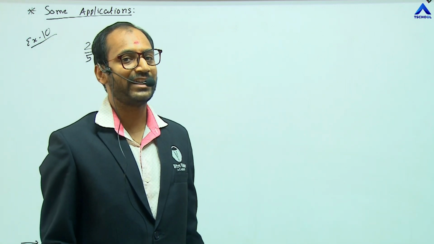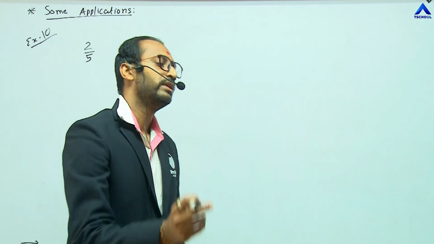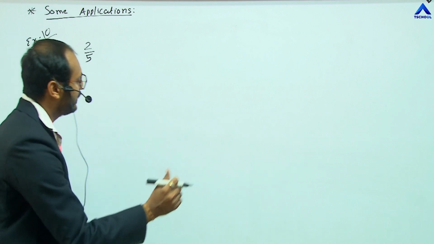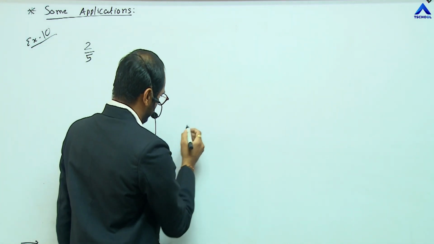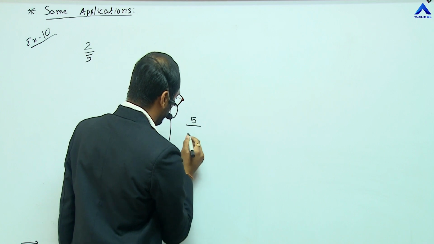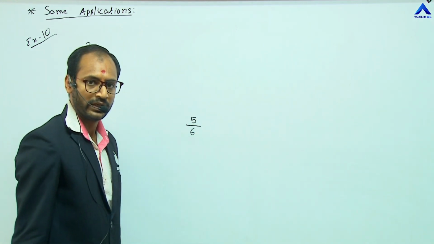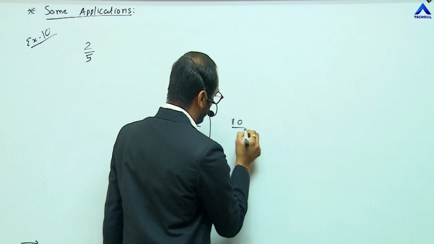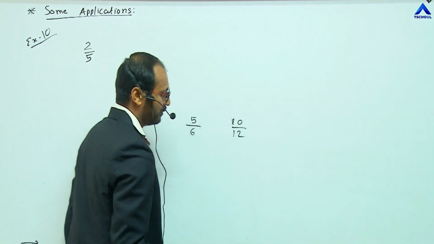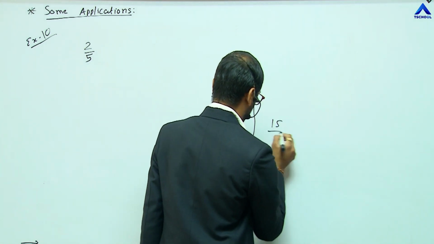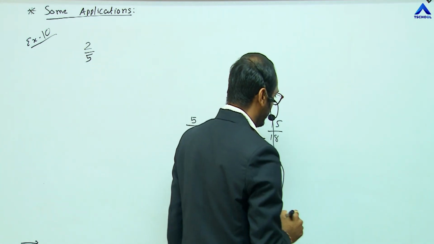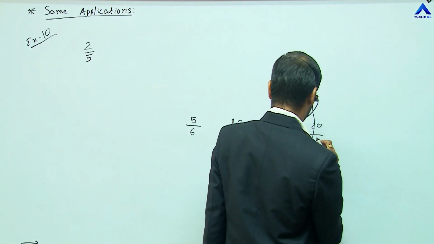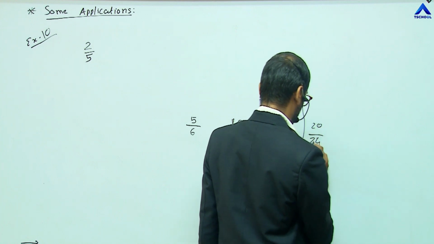We don't know what those numbers are. So 2/5, what does that mean? Let me take 5/6. Similarly, I can write 10/12, 15/18, 20/24.